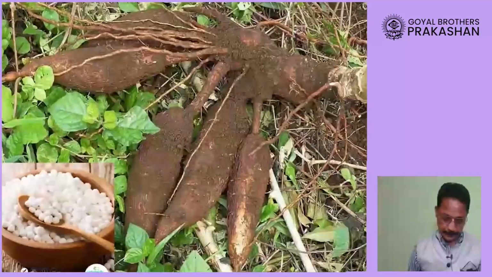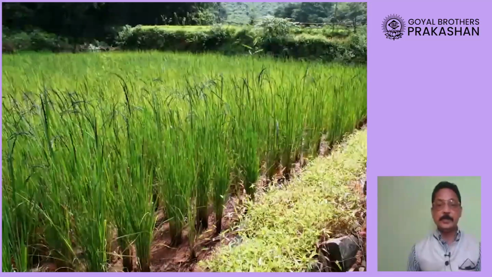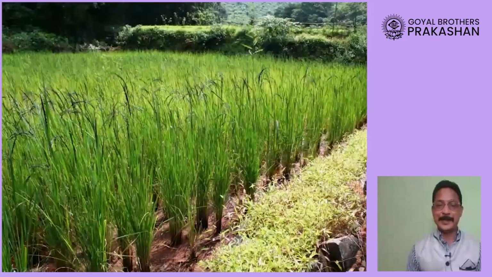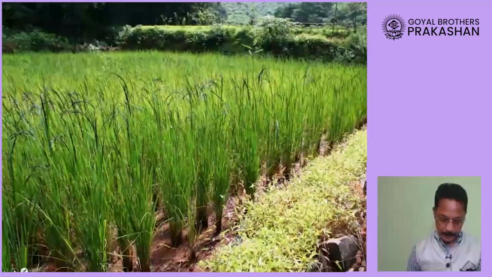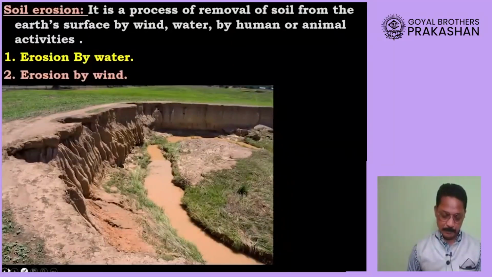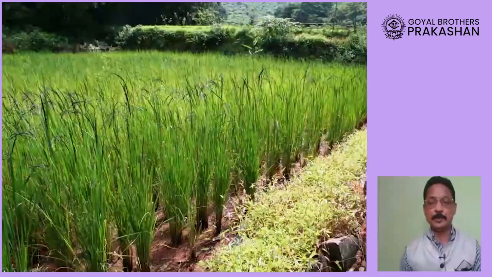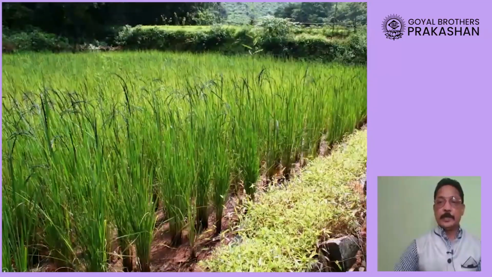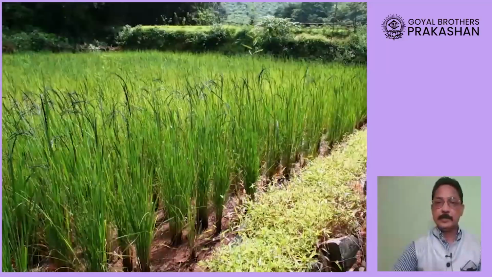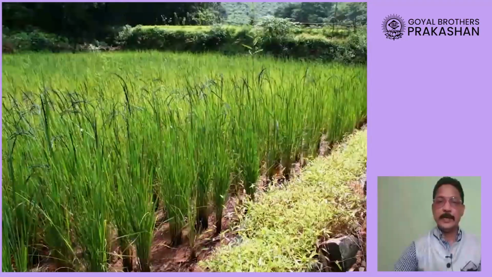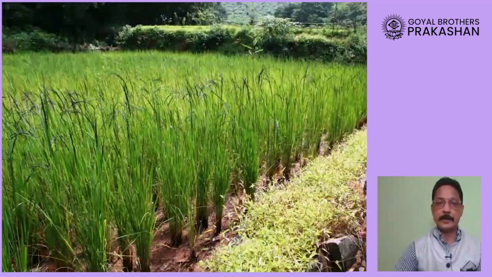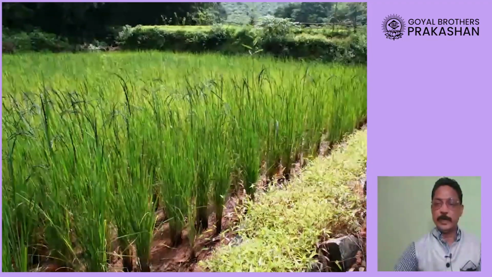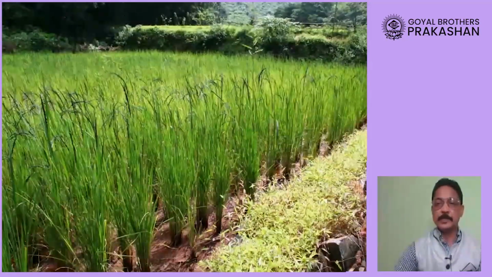You can also grow rice in this soil, but you will have to use a lot of fertilizers in order to grow this crop. So in this way, dear students, these are the 4 major varieties of soils that are found in India. Our next topic is soil erosion and soil conservation.